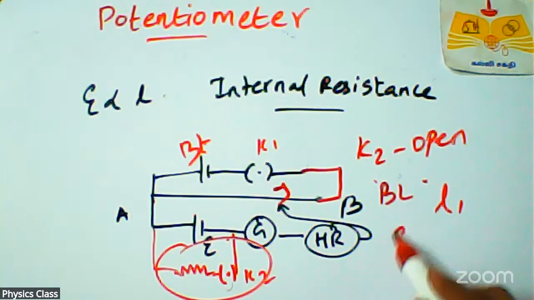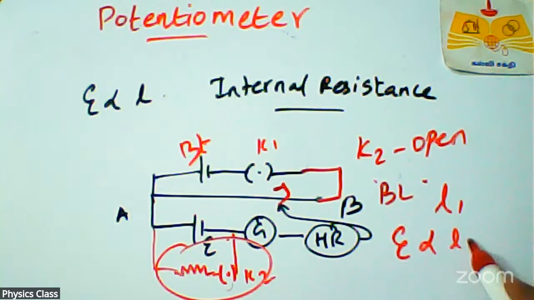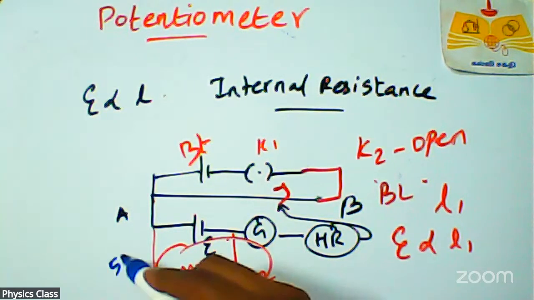So E is directly proportional to L1. Now, a suitable resistance, it may be 5 ohm, 10 ohm, or any other resistance, say 5 ohm, is included in the resistance box here. Okay, so this is 5 ohm or 6 ohm, whatever.